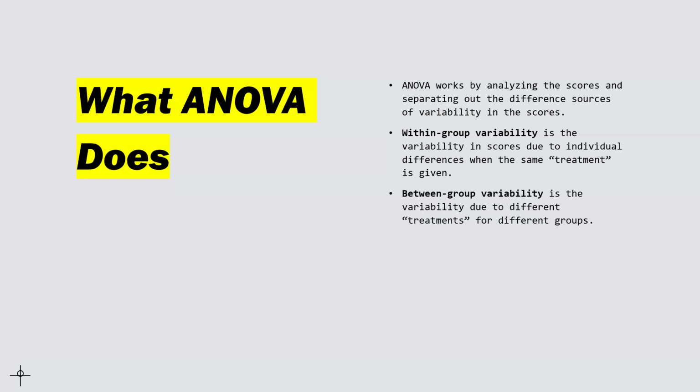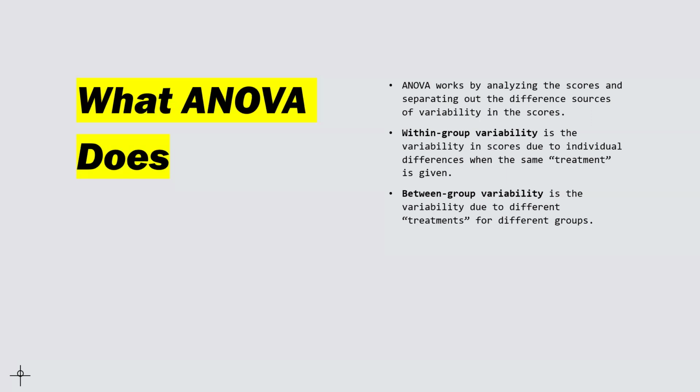And then we can talk about between group, which is the variability due to the treatment that we're actually doing. This is the more interesting one that we really care about. However, we do have to talk about within group, because what if what looks like between group variability is actually being caused by within group variability? We'll get to an example.